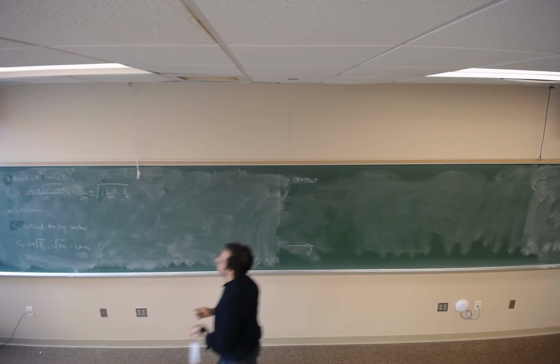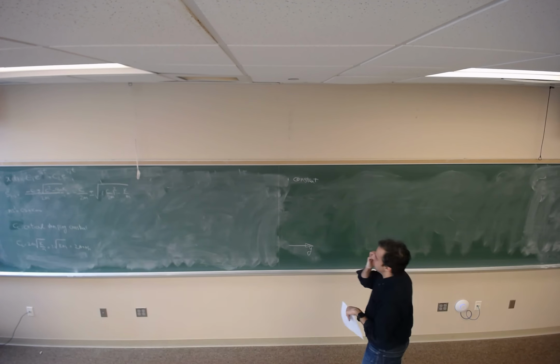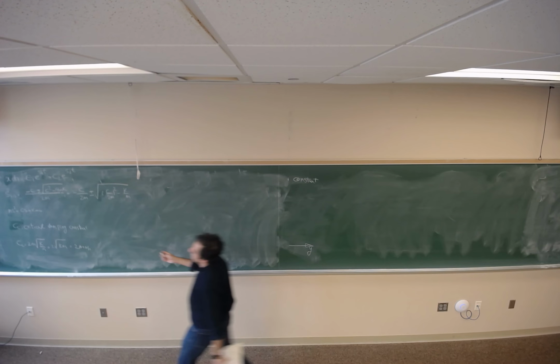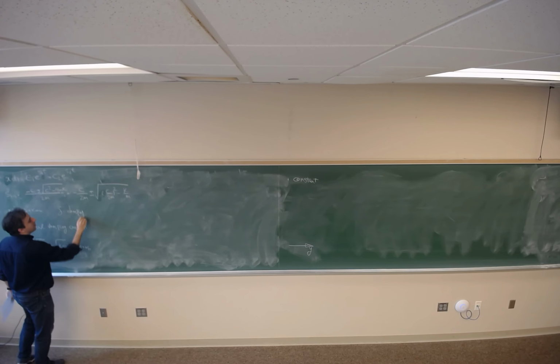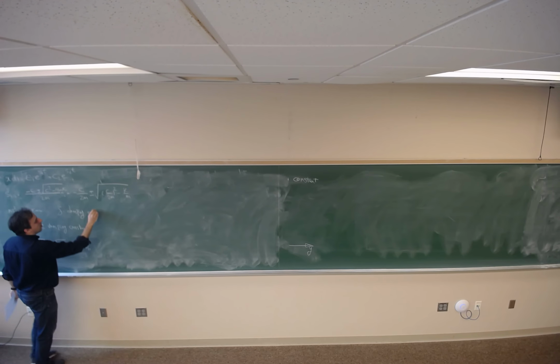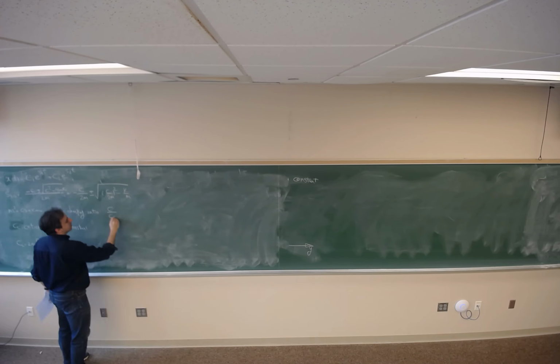These are what we covered in the last class. And we defined zeta as a damping ratio, which is C over Cc.